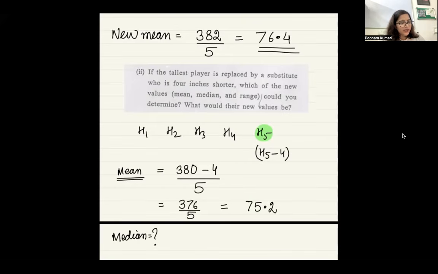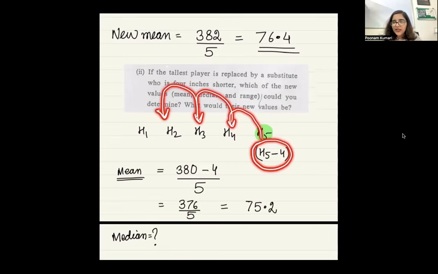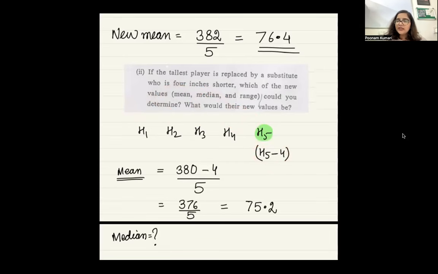Very nice. So basically, you know, it could very well happen that when you replaced this person with someone whose height was 4 inches less, due to the change their position may now be 4th, it could be 3rd, it could be 2nd, it could even be 1st, right? So we don't really know if that person is in 3rd position now, 4th position, or this person still has this position intact.